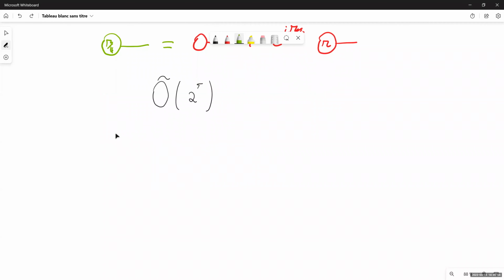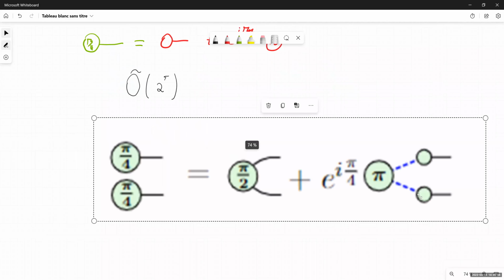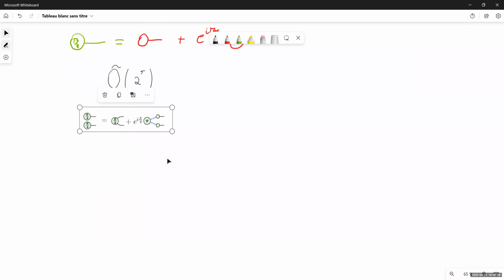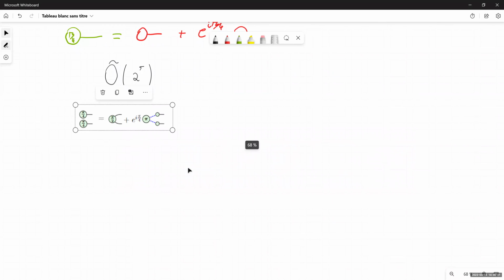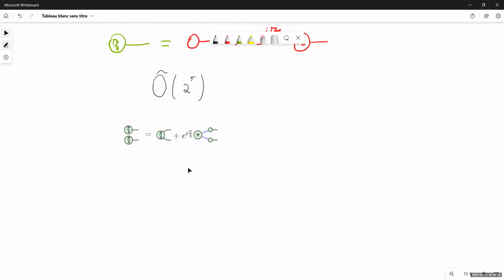For example, you can do something like this: you can take two T gates and transform them into two Clifford states. Doing so, you get an algorithm that is big O of 2 to the alpha t, where alpha is 0.5. The reason I put it with an alpha is that in a second there's an even better one, and it's a bit more intricate afterward.